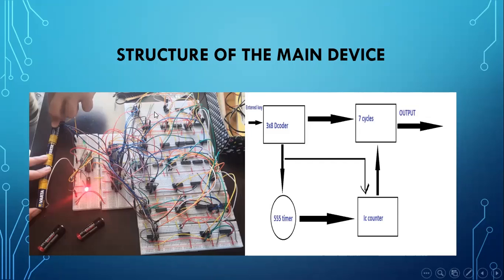So the counter counts up every 0.1 second, in a loop of 10. Which means in each second, the output is going to be high for only 0.1 seconds, and low, which means wrong, for 0.9 seconds.